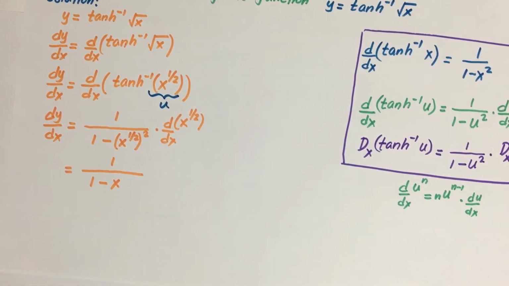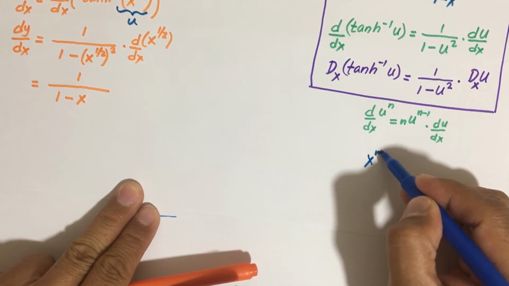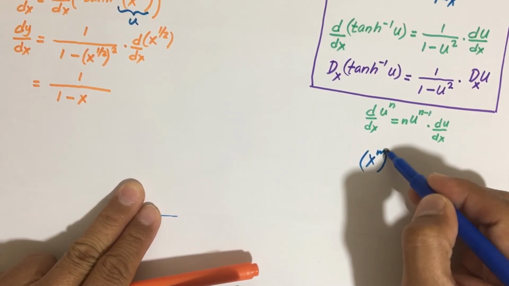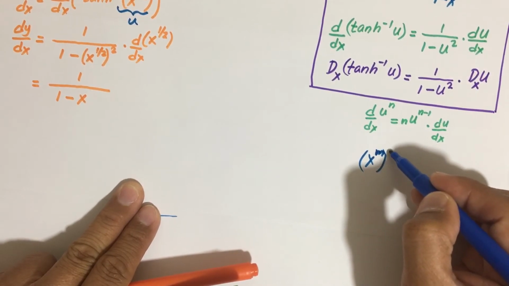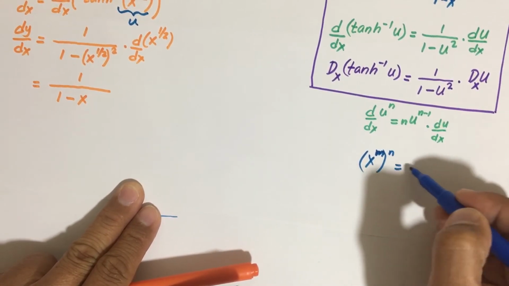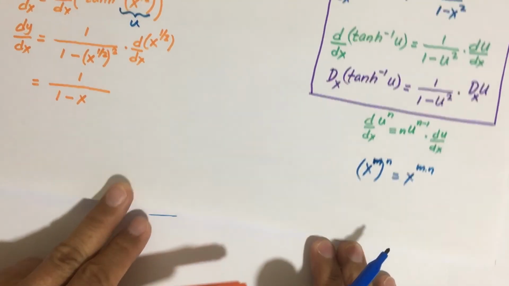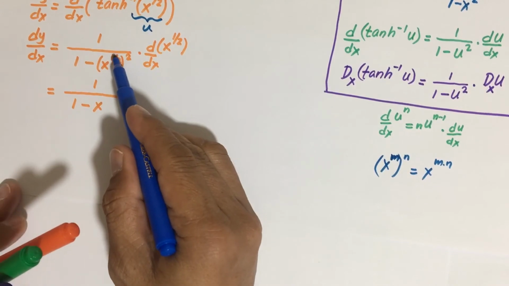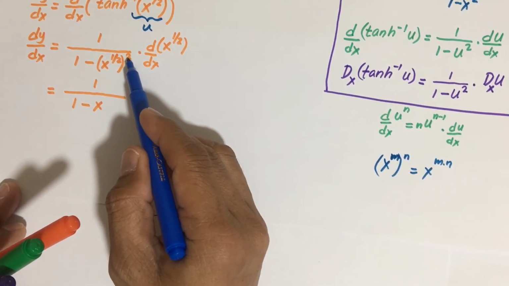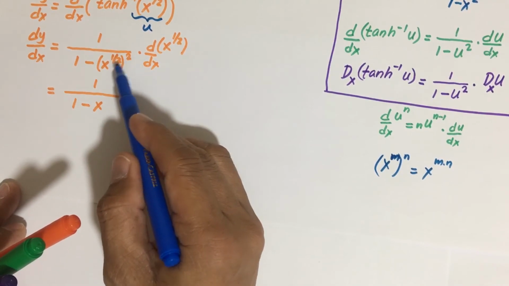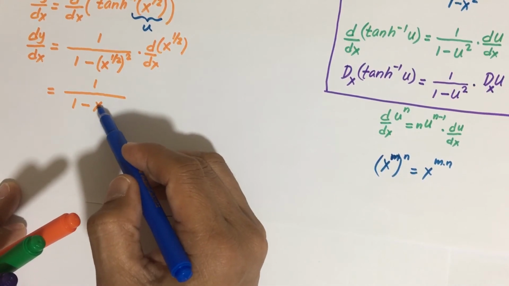From the law of exponents, x to the exponent m raised to another exponent n will be x to the m times n. Our exponent m here is 1/2, then you have another exponent n which is 2, so 1/2 times 2 is equal to 1, so x to the power 1, or simply x.